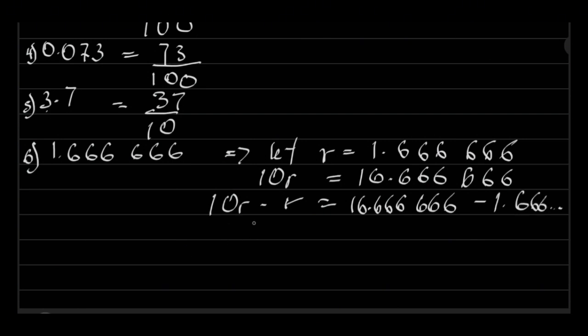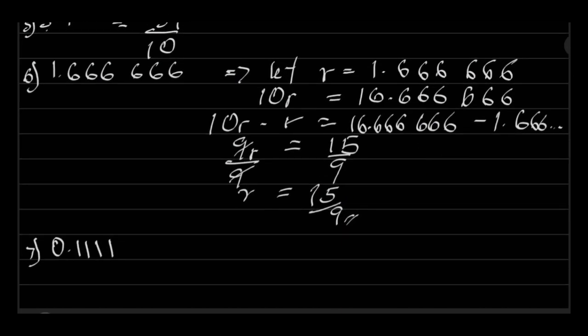So this is going to give us 9r equals 15. Now we divide both sides by 9, then r is going to give us 15/9. So this was the fraction that gave us 1.666666. You can test that out in your calculator.